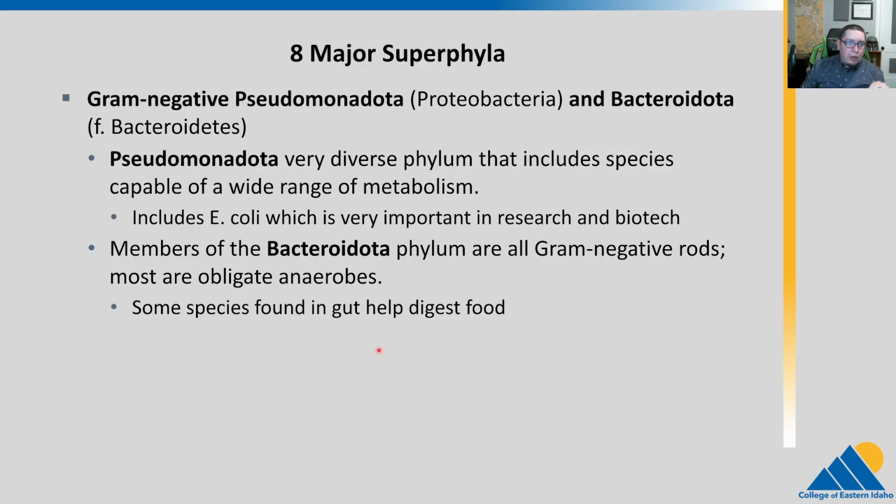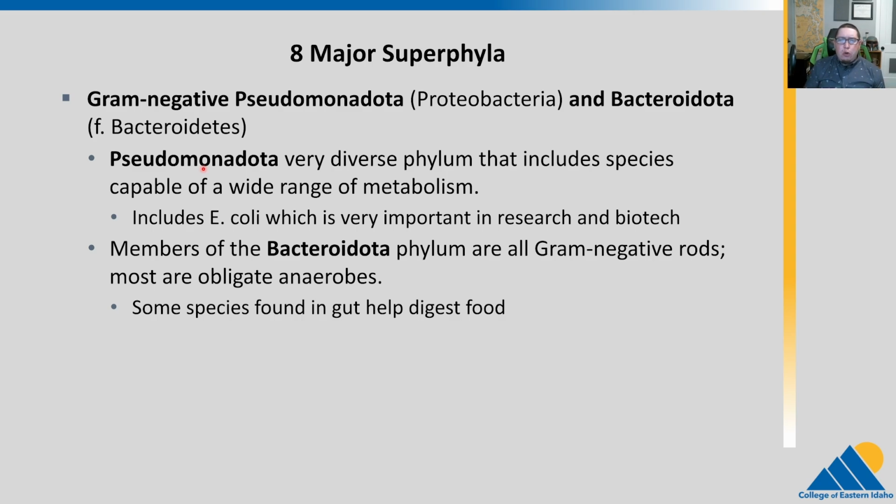Gram-negatives. We got 2 here. First off, we have the Pseudomonadota here, which used to be called Proteobacteria. Very important group. And then we have the Bacteroidota here, which used to be called Bacteroidetes. Pseudomonadota, very diverse in there.